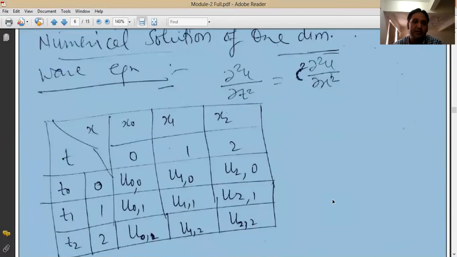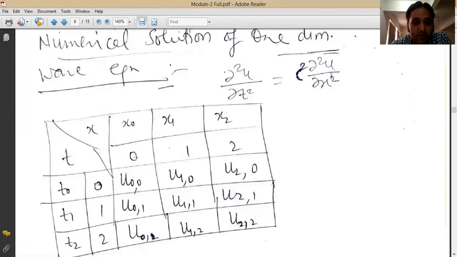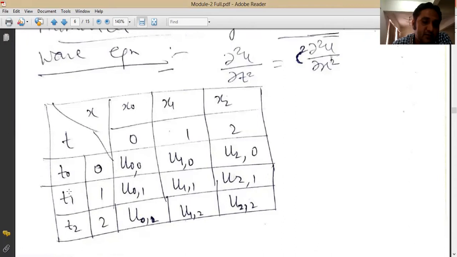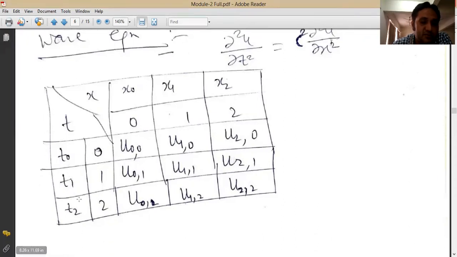Now here we'll try to make a table of values, and that table depends on the values of the variables x and t, the time. Suppose the values of x are x0, x1, x2, given as 0, 1, 2, and the t values are t0, t1, t2, also 0, 1, 2.